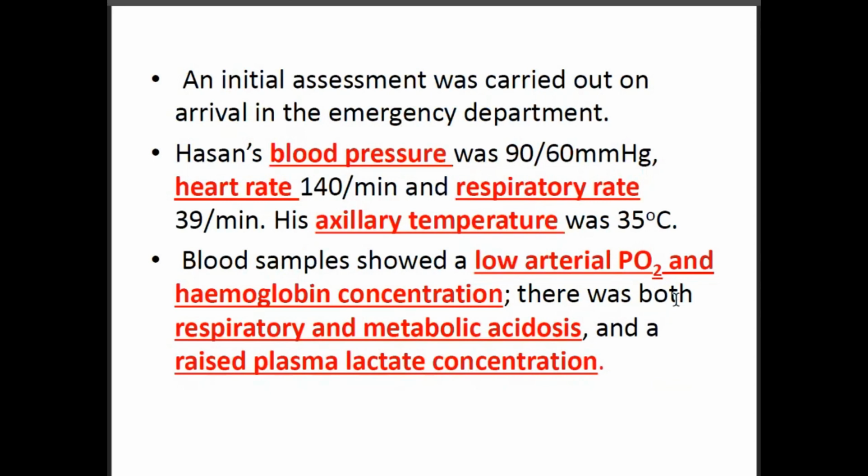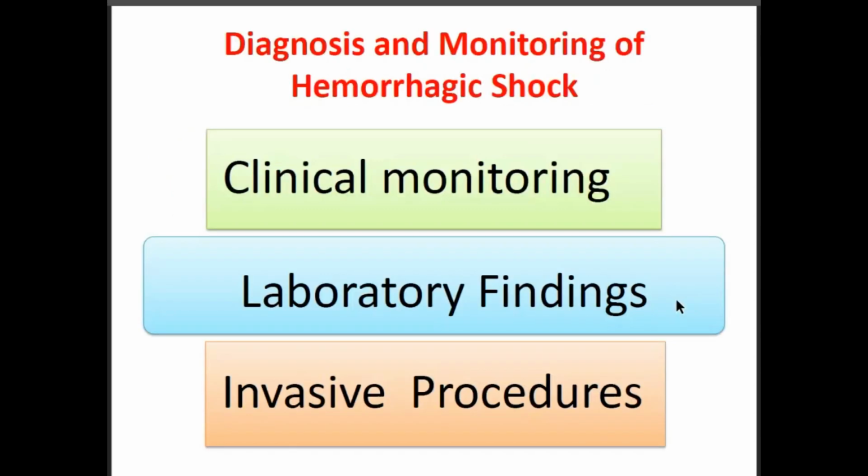It's a little bit low, so he is going into all the sequelae of severe shock. Blood samples taken quickly showed low oxygenation, and hemoglobin was low. There was both respiratory and metabolic acidosis and raised plasma lactate concentration, which is a hallmark of shock.